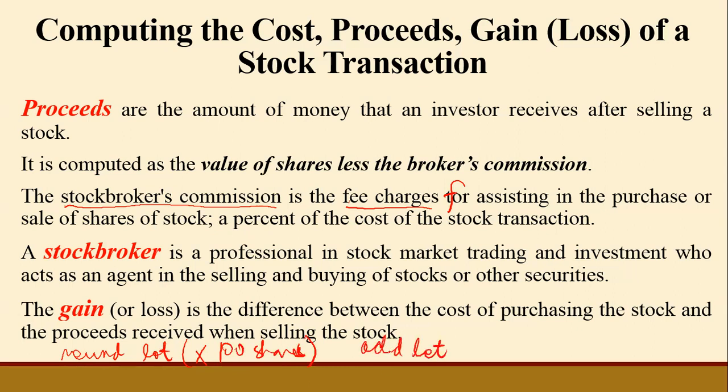What is an odd lot? An odd lot is less than 100 shares. The commission rate on a round lot is generally a bit lower than an odd lot.